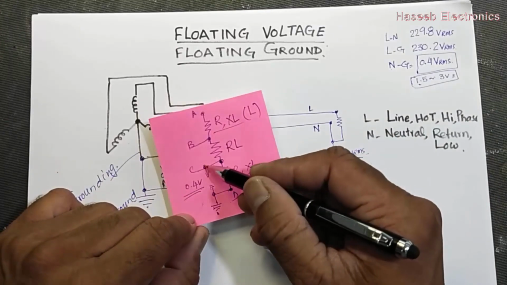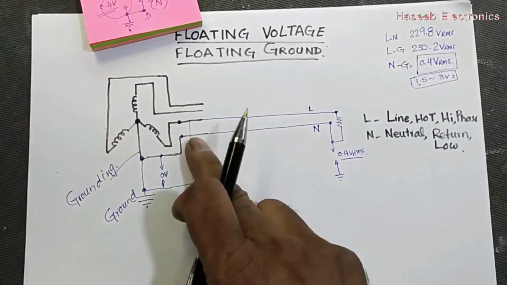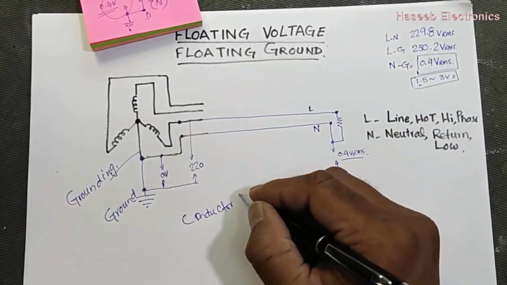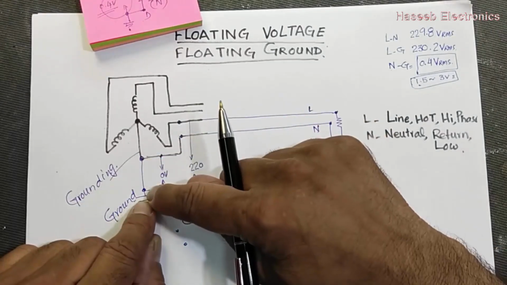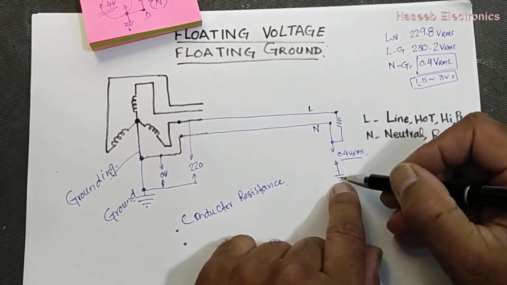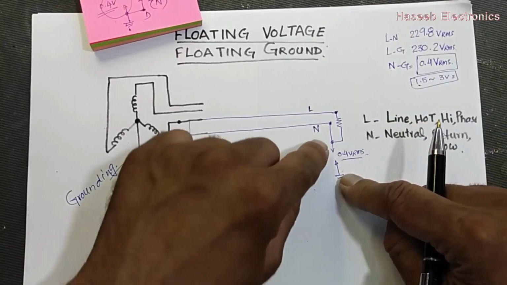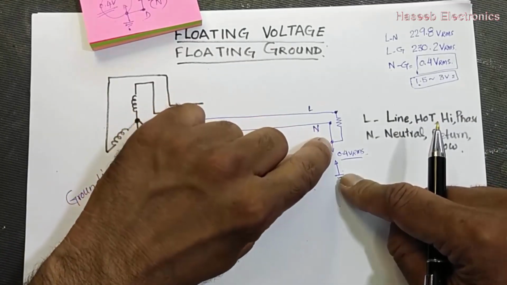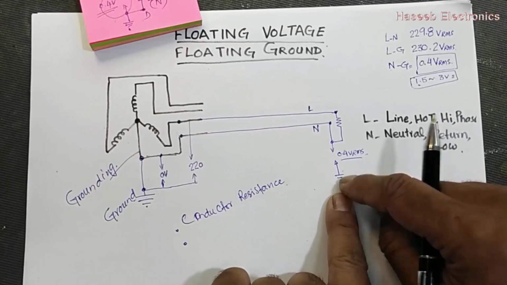So why is there this 0.4 volt difference? The first parameter which we discussed, conductor resistance. The second parameter, we have earth here and we have earth here. From this point to this point, the earth resistance, and from our good earth to the ground point there is an earth resistance.